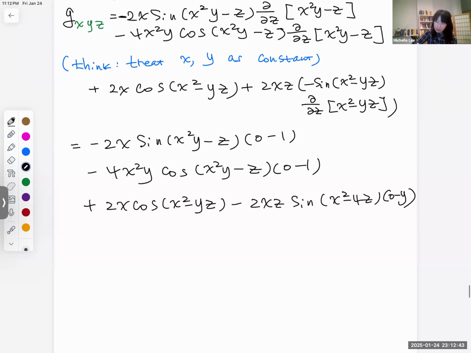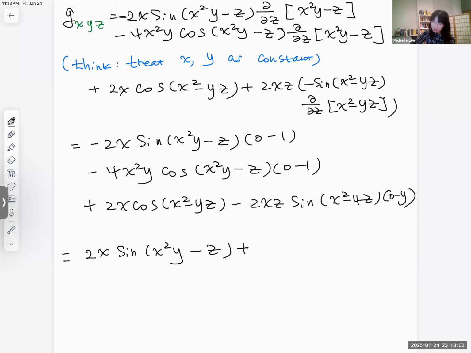Okay, let's arrange the negatives. So positive 2x sine(x²y − z), and the second term is a positive 4x²y cosine(x²y − z), and third term plus 2x cosine(x²y − z).